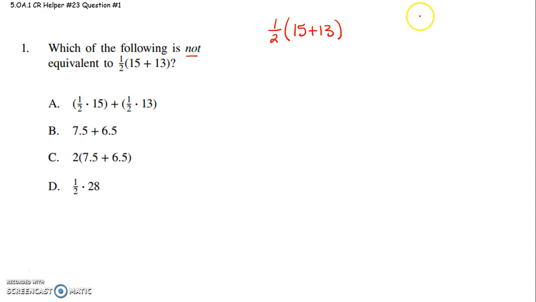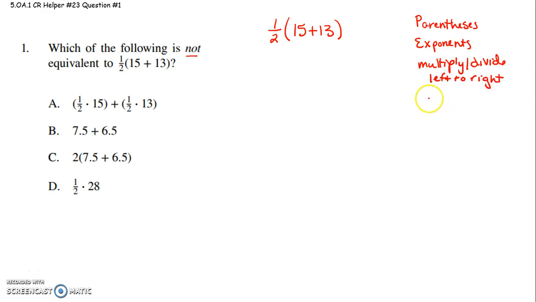So what we have to do is use our order of operations. You have to work within parentheses first. Then you'll take care of any exponents. Then multiply or divide, and that happens left to right.